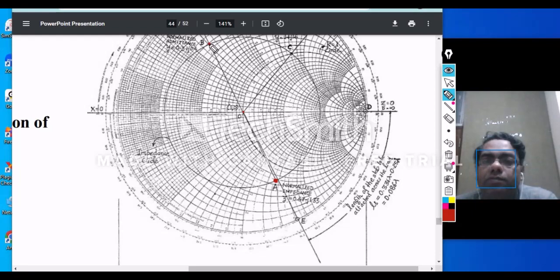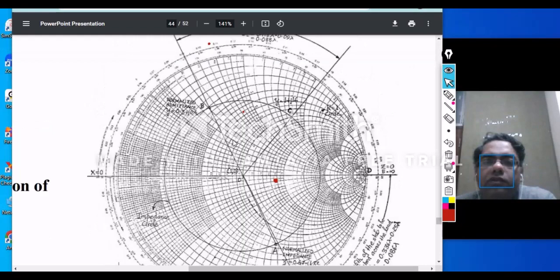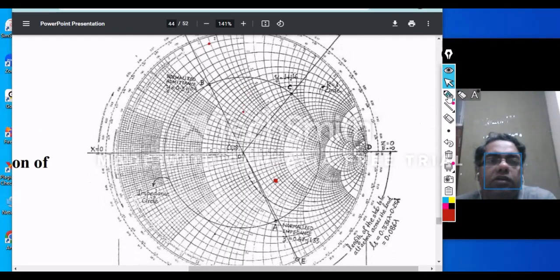This point B, we can find what its coordinates are, that means what G and B are. Normalized admittance Y is G + jB, where B is the susceptance. So G is coming 0.3.